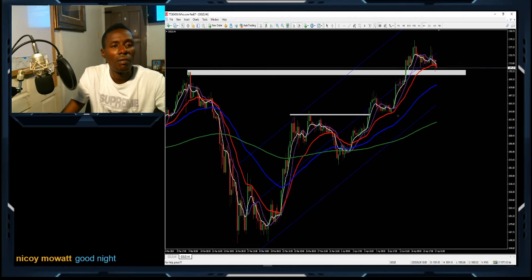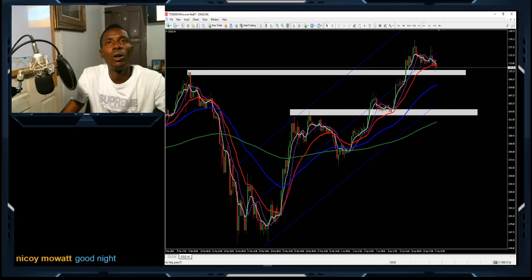And we have a bit of support right here, somewhere in here, right? So bears want it to come down and bulls want it to come down, right? So this is technically still bullish, right? You need a price action like this, up, right?